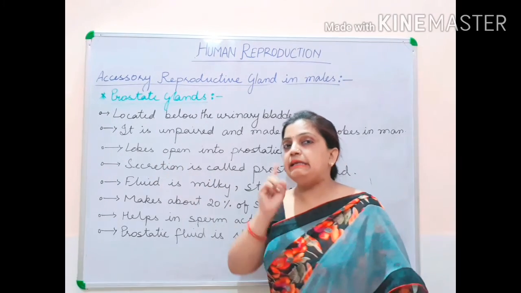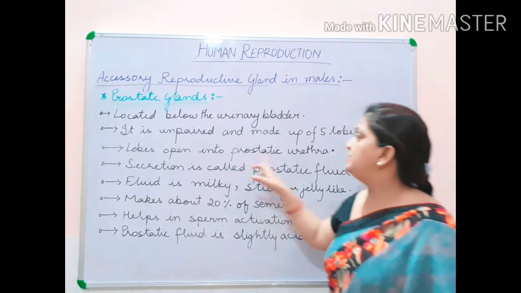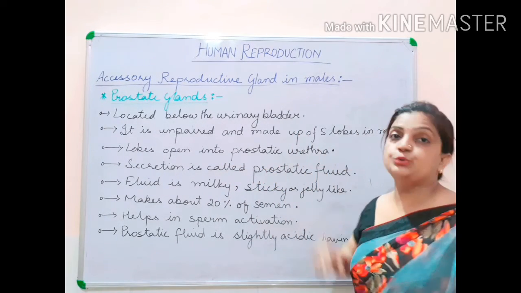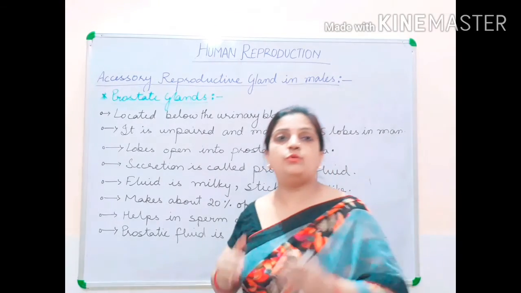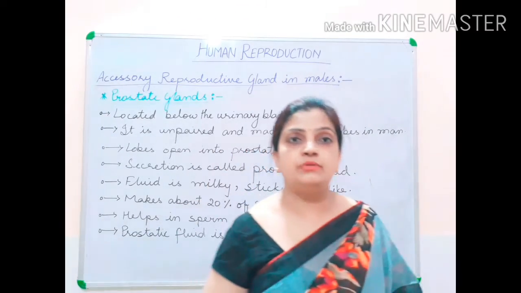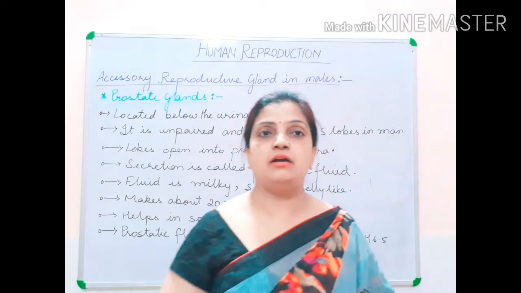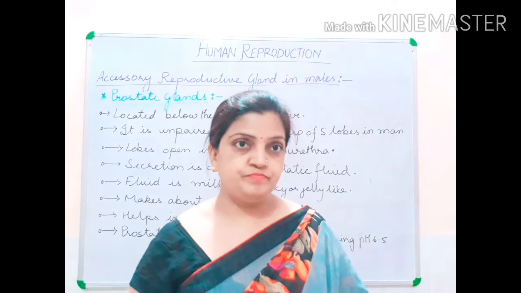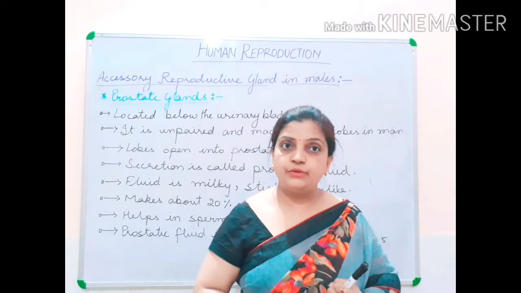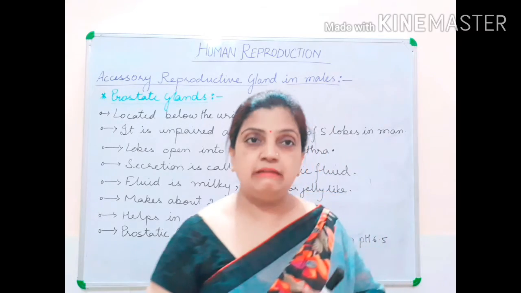Now children, each lobe of this prostate gland opens into the prostatic urethra. Hope you remember what the prostatic urethra is. When we were discussing the urethra, I told you that your urethra is made up of 3 parts: the prostatic urethra, the membranous urethra, and the penile urethra.